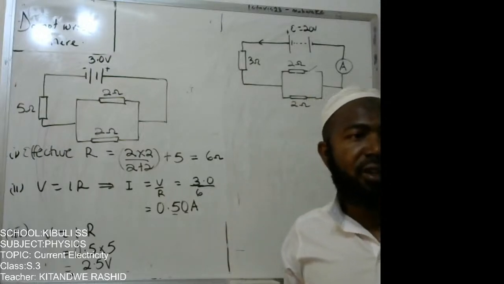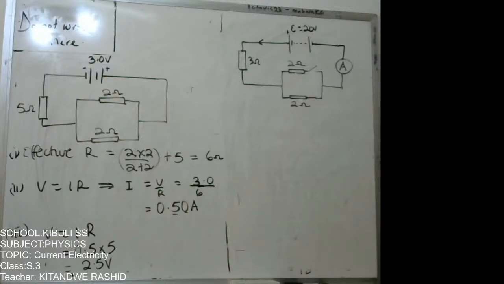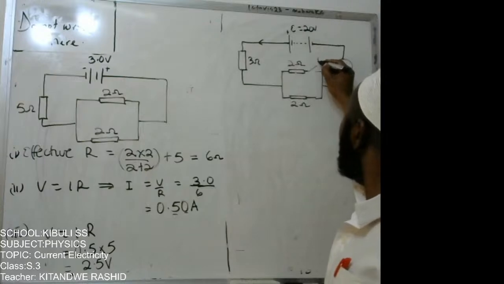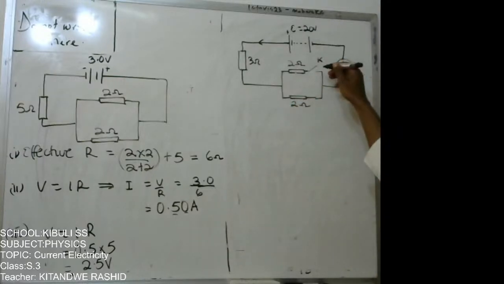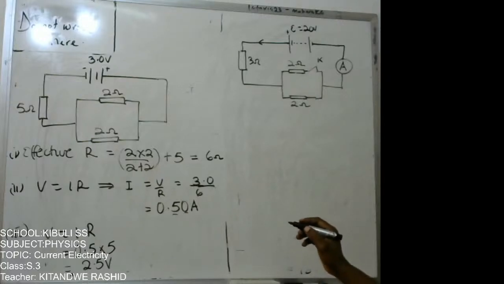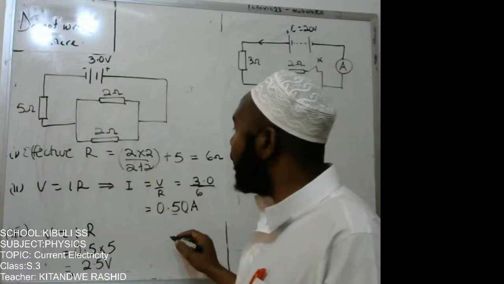Now the question is, find the ammeter reading when switch K is closed. Switch K is what? Closed. When we close, meaning we switch on K. So, the ammeter reading when K is closed. Ammeter reading means we are looking for the current flowing.